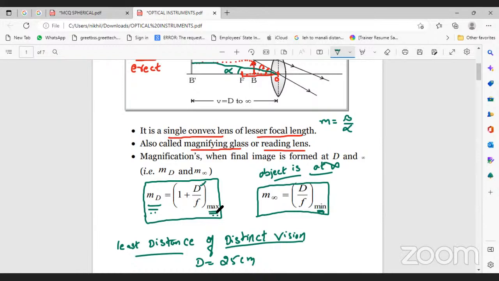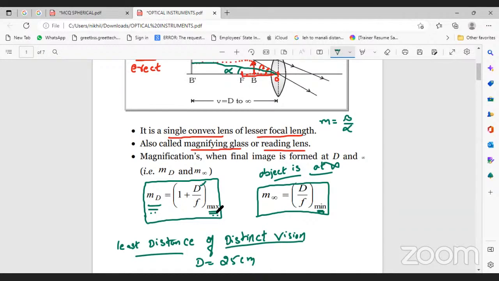So what is the formula for the magnifying power of the simple microscope? Magnifying power for the simple microscope is given by 1 plus d by f. What is the magnifying power formula when the object is placed at infinity?